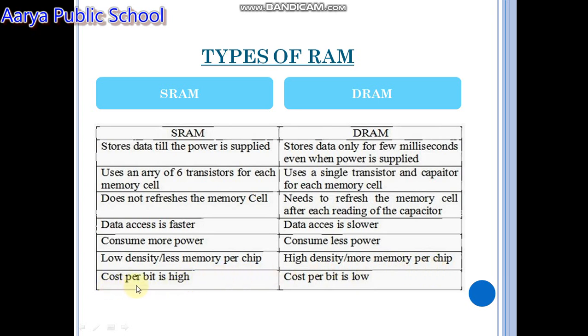Last, cost per bit is high for SRAM, while DRAM cost per bit is very low, so it is widely available in the market. These are the two types of RAM, each used for specific work. You can read these points in your book, page number 16. This is the short but sweet concept of RAM.